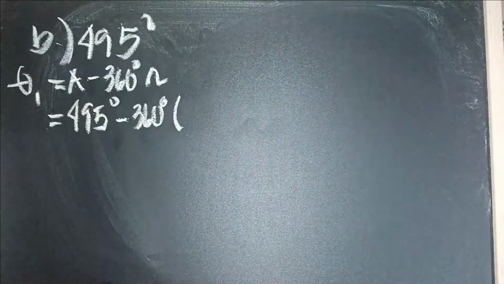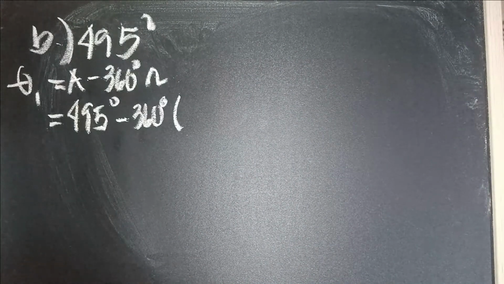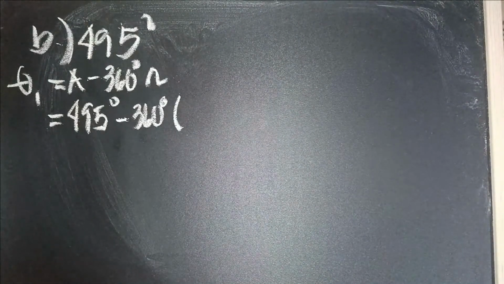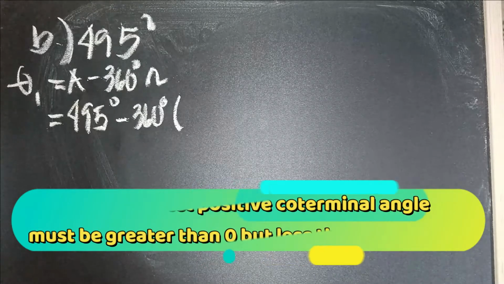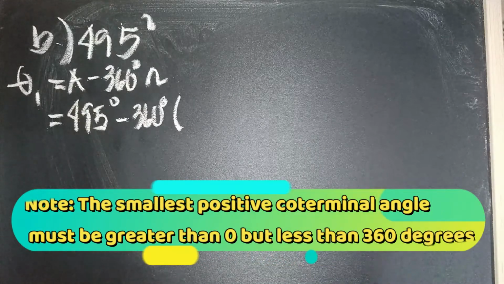So a is 495, subtracted by 360 degrees times n. For n, we can do trial and error. The positive value we multiply by 360 degrees should give a smallest positive coterminal angle when subtracted from 495. The smallest positive coterminal angle should be greater than 0 but less than 360 degrees.